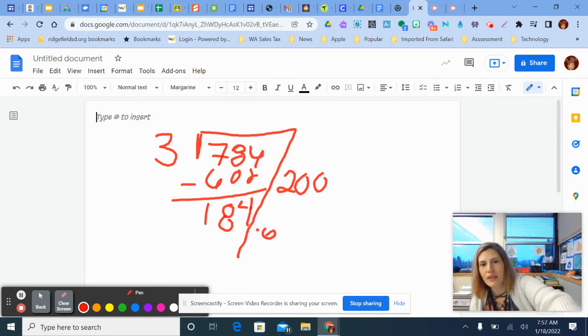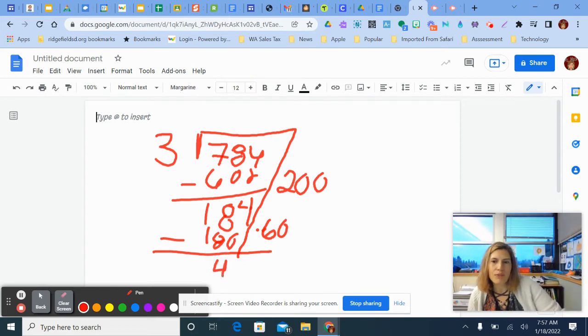So I'm going to do my 60 over here, and I'm going to do my 180 here, and I'm going to subtract it, and now I have 4 left. Well, this 4 is larger than 3, so I know I have to take one more group of 3 away. So 3 goes into 4 one time, which is going to be 3, and then I'm going to subtract it, and I'm going to get 1.